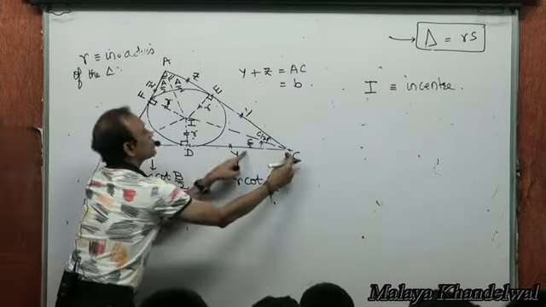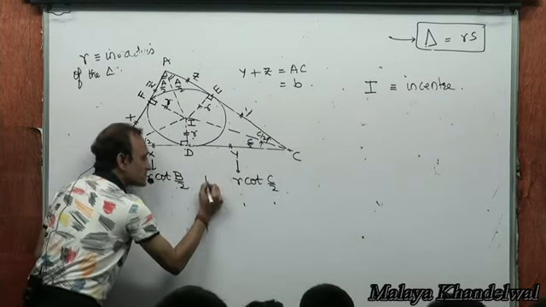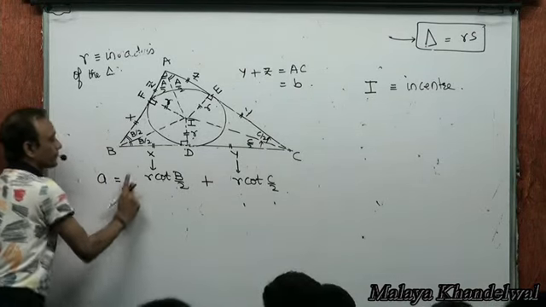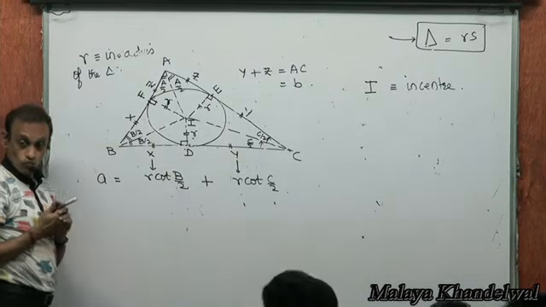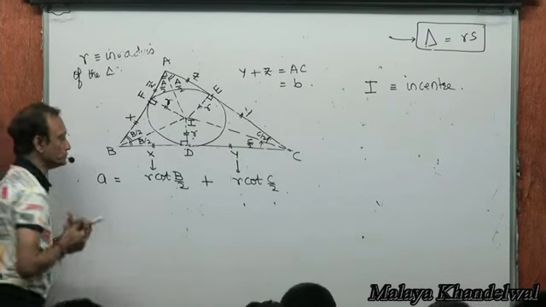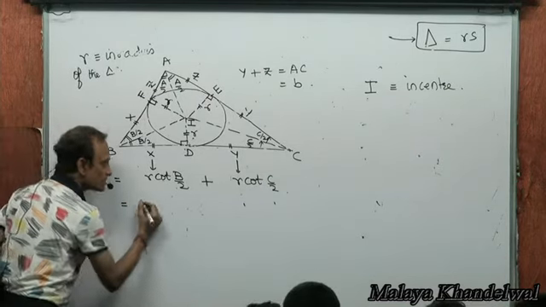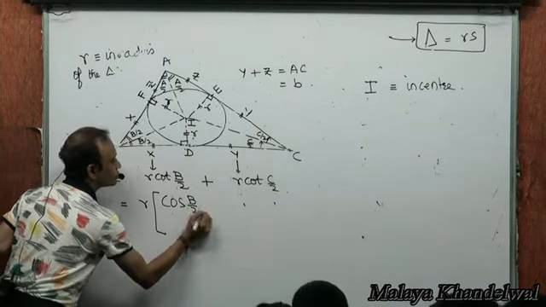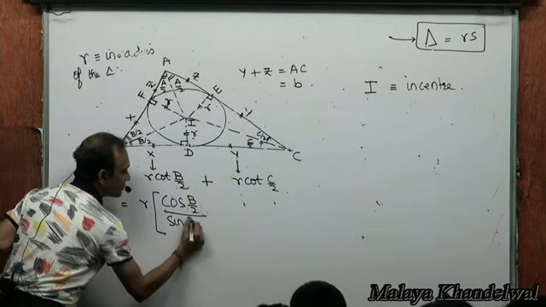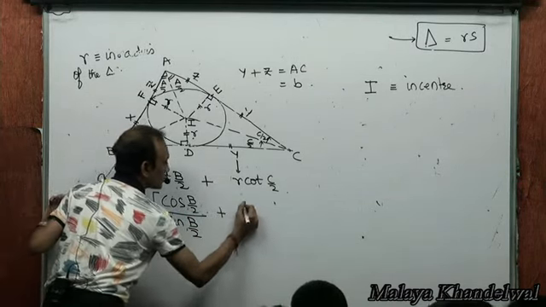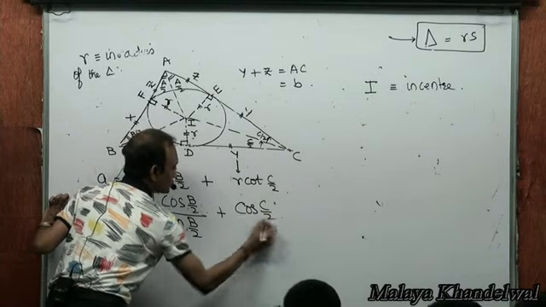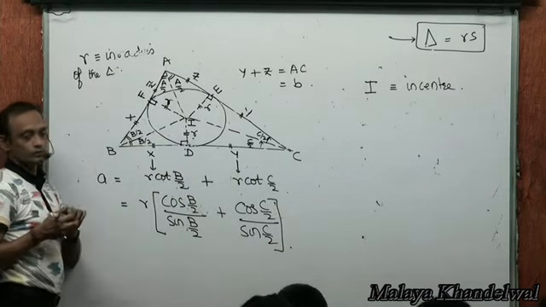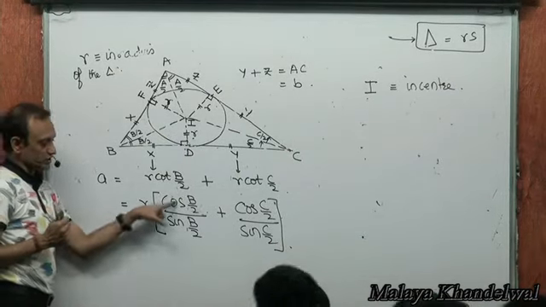But x plus y is small a. That means x, which is this, and y, which is this, must add up to small a. So this is small r, cos B by 2 divided by sin B by 2 plus cos C by 2 divided by sin C by 2. Cot written as cos by sin.